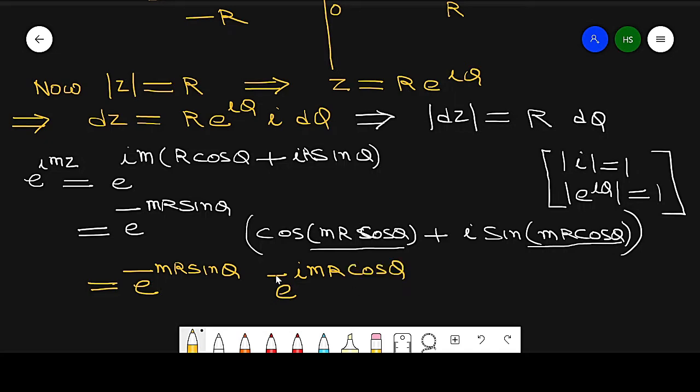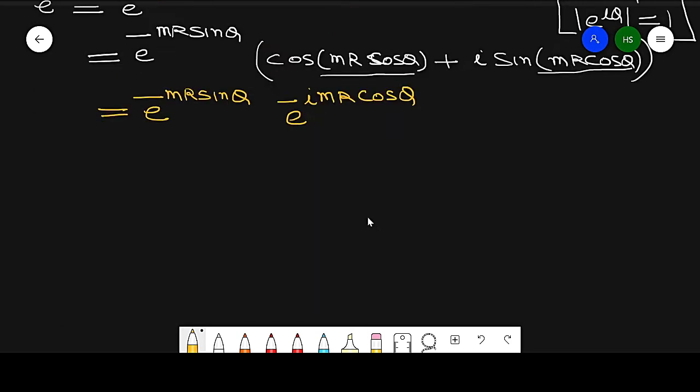The modulus of the second factor is 1 because it is a complex number in cis form, cos of angle plus iota sine of angle. So it implies modulus of e raised to power iota m z is equal to the modulus of these two factors multiplied.